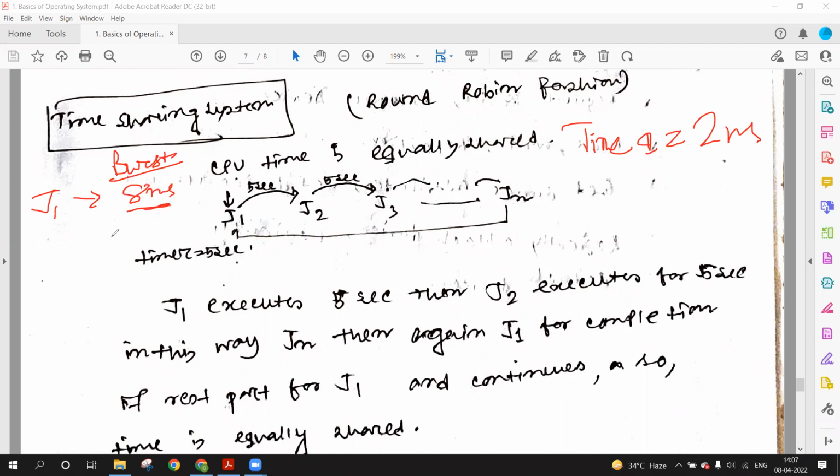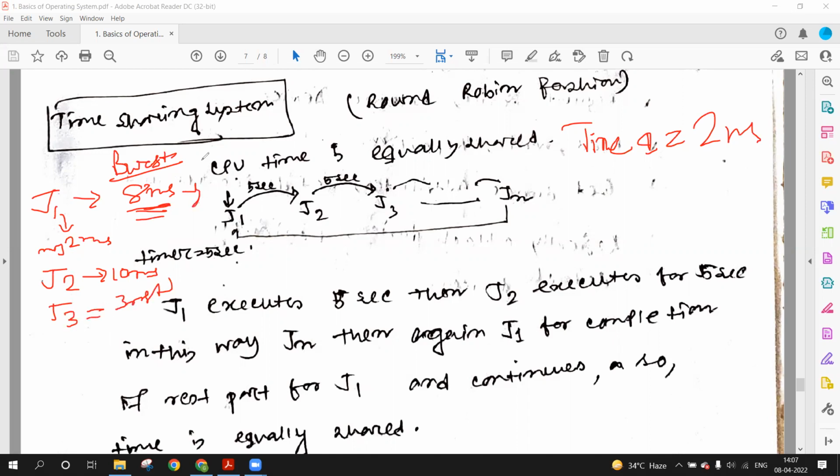But at one time it will not be able to use more than 2 milliseconds at most. Suppose job 1 has 8 millisecond burst time, job 2 has 10 millisecond burst time, and job 3 has 3 millisecond burst time.